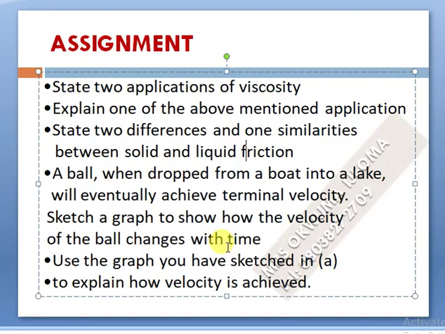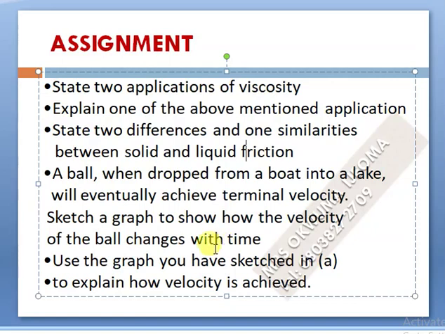And remember, it is because of this terminal velocity that when rain falls, the rain coming from the sky will not hit us with that particular speed, because if the rain hits us with the speed from which it is coming from the sky, we are going to sustain what? Injuries. But as the speed increases, a time will come when it will reach terminal velocity before dropping on us. That is why the rain will drop on us without us sustaining what? Injury.